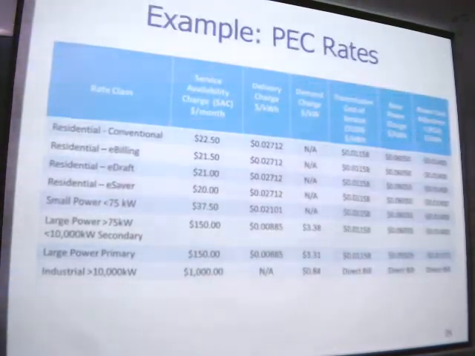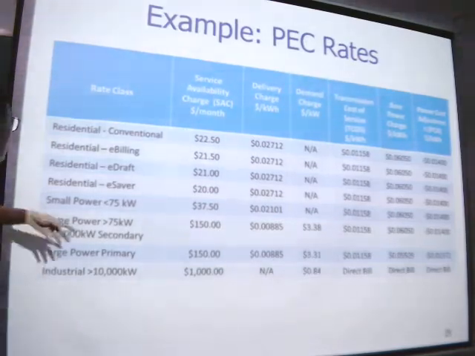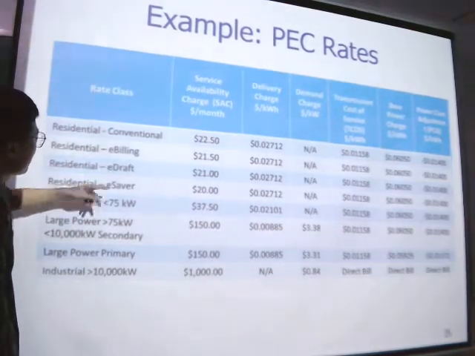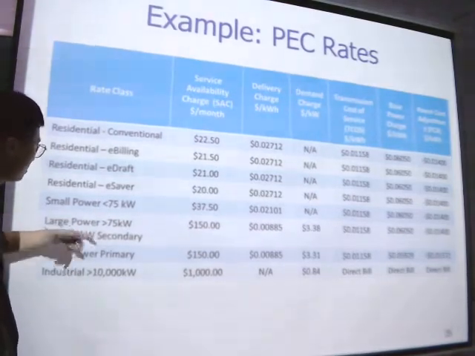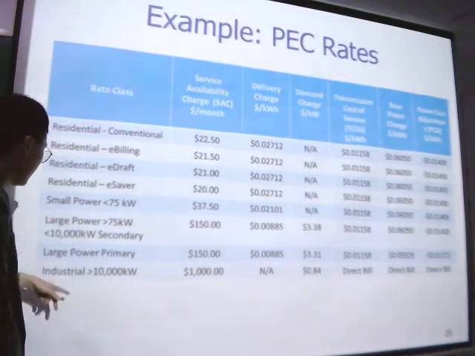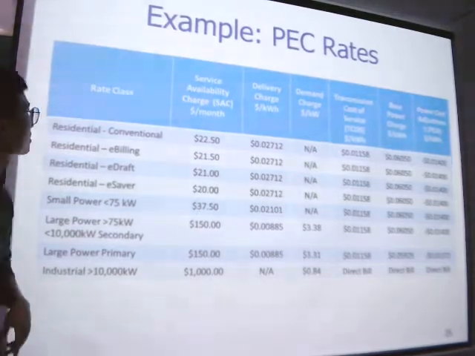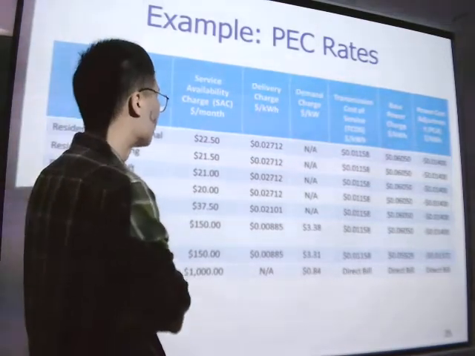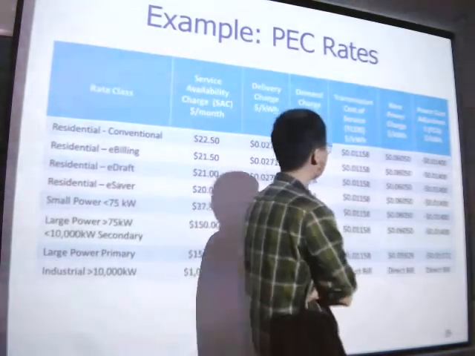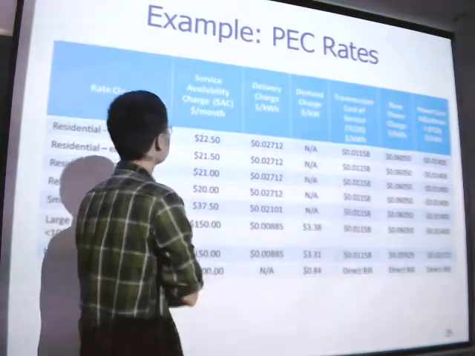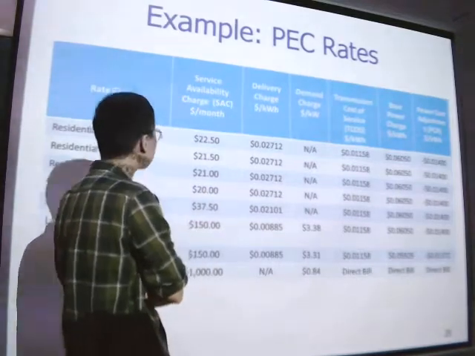Okay, so here is the range. You can see the conventional, e-heating, e-draft, e-saver, small power, market power, large primary, industrial. Here you can see the service availability charge.